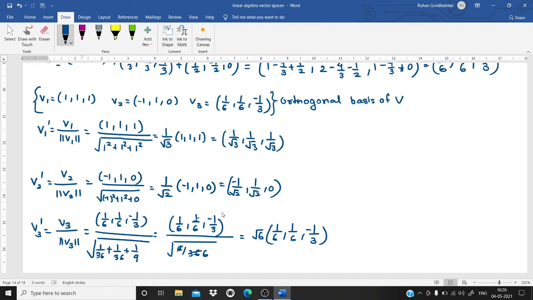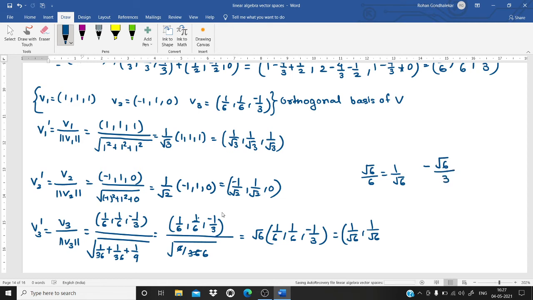Now multiply each entry by root 6. When I multiply by root 6 to this, we get root 6 upon 6, which is nothing but 1 by root 6. Why? 6 is root 6 into root 6, so 1 root 6 from numerator and 1 from denominator get cancelled. We get 1 by root 6. Here also we get 1 by root 6. Okay, now what about this? Minus root 6 upon 3.